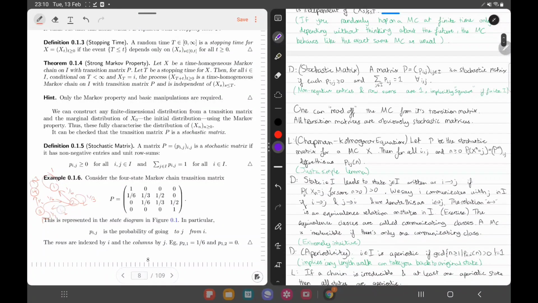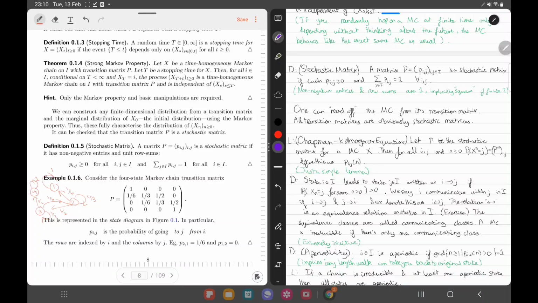Okay, a stochastic matrix is a matrix that does all of this. Really, all it is is this matrix that I was on about before. It just represents all of the states and the ways of jumping between them. So non-negative entries and the row sums are 1, implicitly square if I is finite.